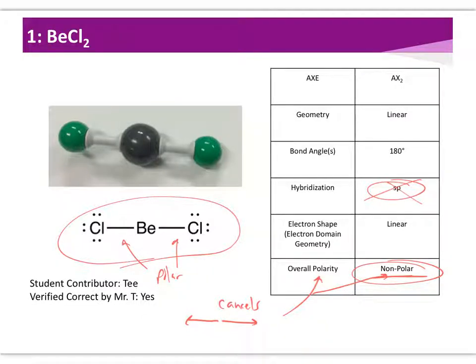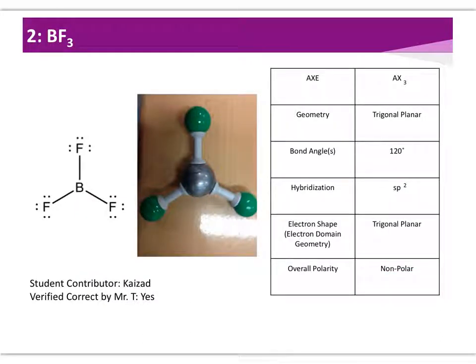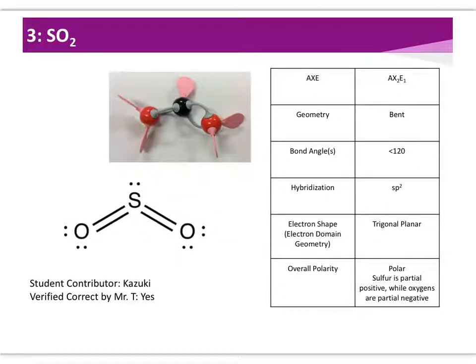Alright, welcome back. This is BF3. It is nonpolar, even though these bonds are polar, because they are evenly distributed 120 degrees apart. This is a nonpolar molecule. SO2 is a polar molecule.